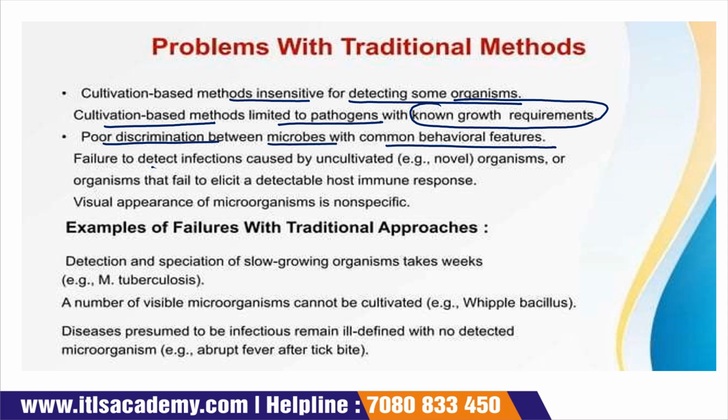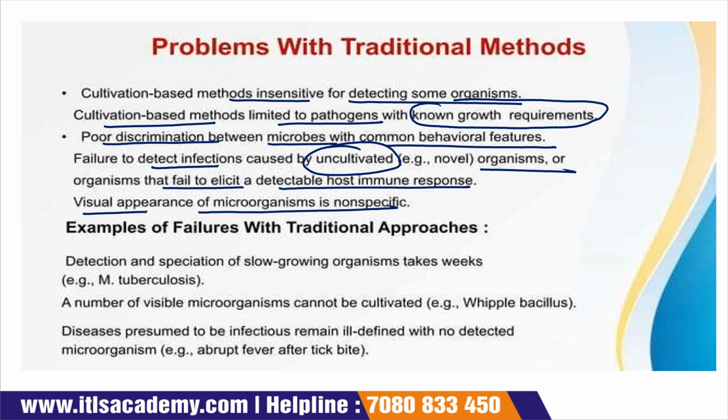It fails to detect infection caused by uncultivated microorganisms or organisms that fail to elicit a detectable host immune response. Visual appearance of the microorganism is non-specific. Examples of failure with the traditional approach include the detection of slow microorganisms that take a week, like tuberculosis.